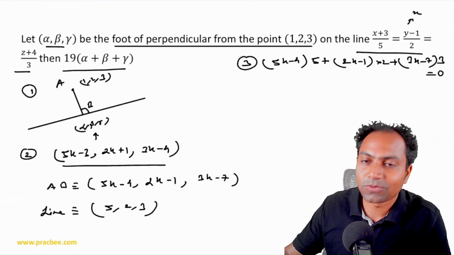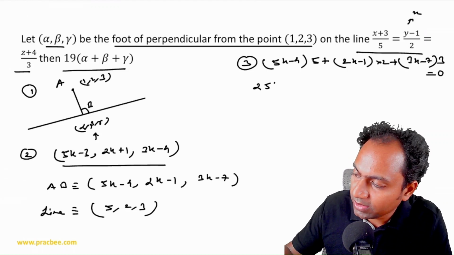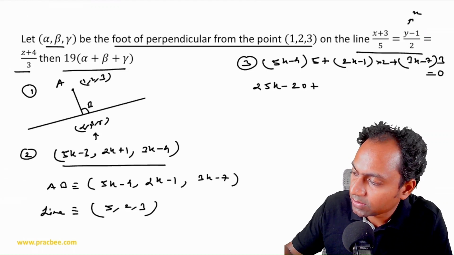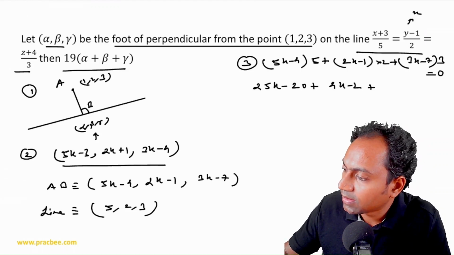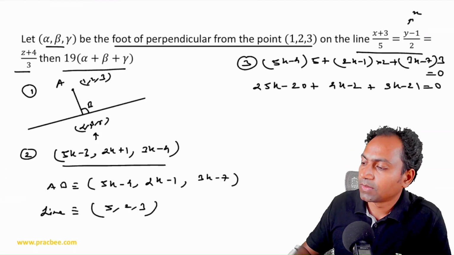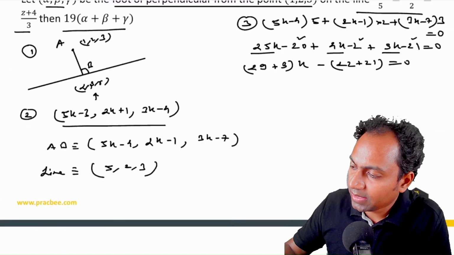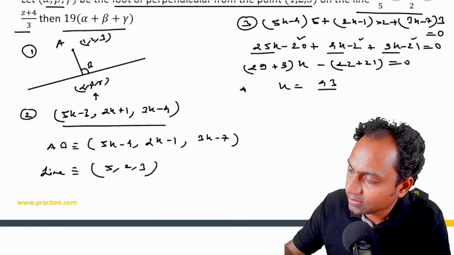This will be equal to 0. If I simplify and solve this, it becomes nothing but 25k minus 20, 4k minus 2, and 9k minus 21 equal to 0. Now, in the next step, if I find the value of k, it comes out to be nothing but 43 by 38.